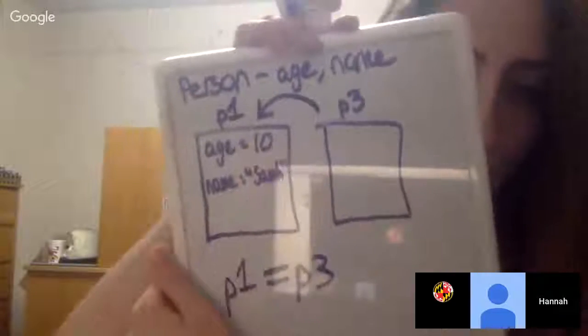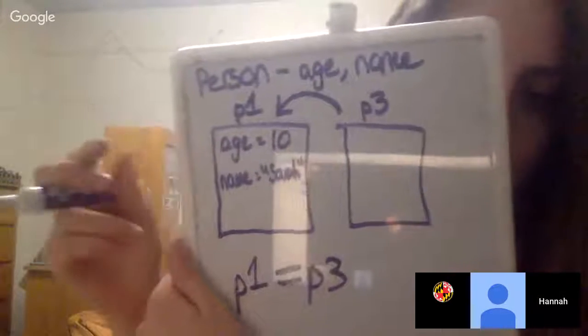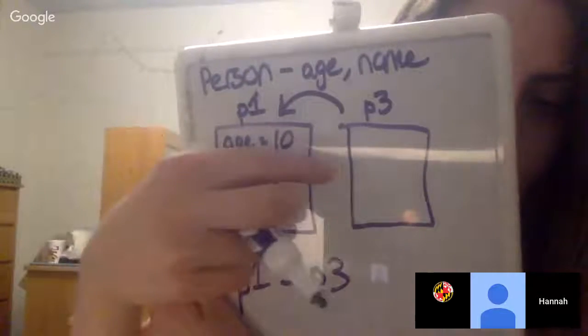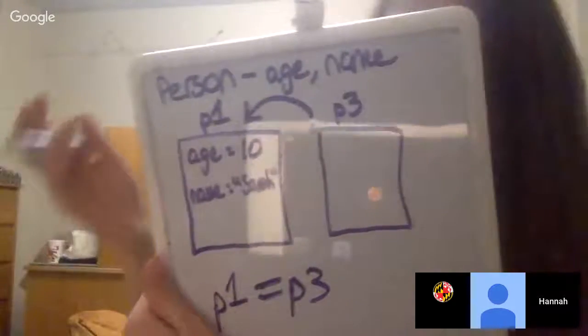The problem with this is that what the equal sign does in Java when dealing with objects is that it's going to make P3 point to P1. So the issue with this is now P1 and P3 are going to have all of the same information.